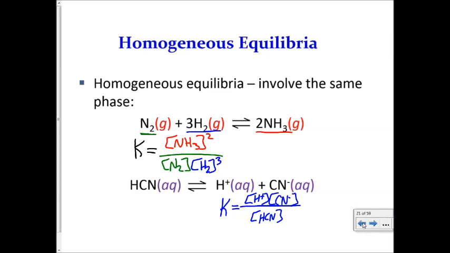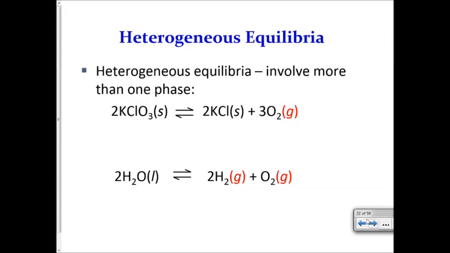So let's look at our heterogeneous ones. I kind of already did one of them in the example there. But here, the only one that would count would be the oxygen. So K is going to be the oxygen raised to the 3rd power. For that particular one, you would only count it. And for the bottom one here, since it's 2 liquid water going to 2 hydrogens and 1 oxygen, we would only count our gases, products.